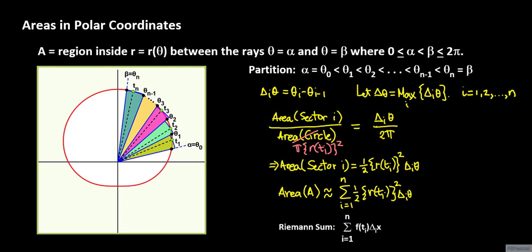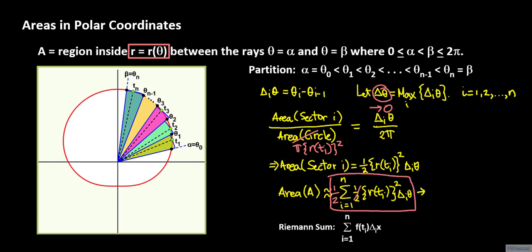Now this is a Riemann sum approximation for the area of A. We bring the factor 1/2 outside of the summation. If r equals r of theta is a continuous function on the closed interval from alpha to beta, and if delta theta, the maximum length of any theta subinterval, goes to 0, this approximation for the area of A should tend to a limit.